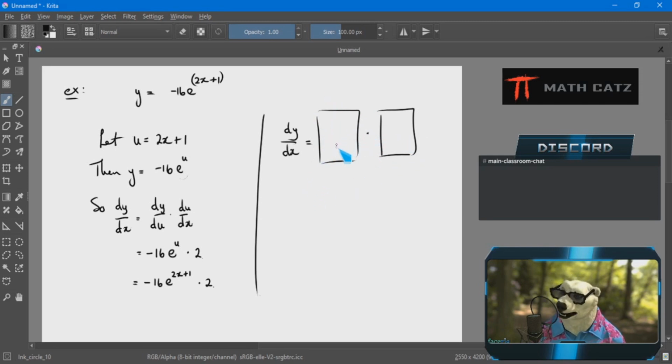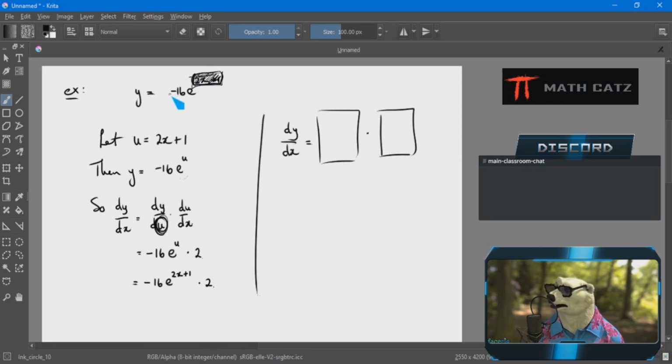The first part, I now am more comfortable, hopefully, and I know what it says, sort of casually in words. It's the derivative of the outside function with respect to the inside function as if it's one variable. So for the purposes of the first part of the chain rule, I don't look at the detail of the inside function. Call it u, call it whatever you want, but it's one single thing, as if that thing is the variable.